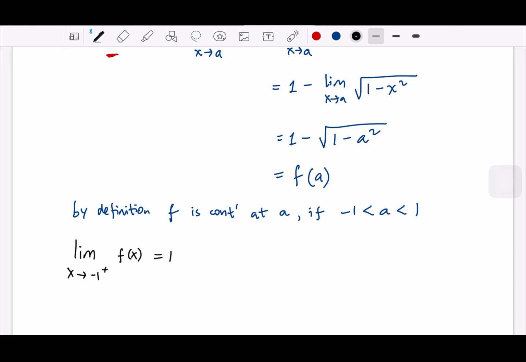This is equal to 1, and this is equal to f(-1). And if you use the positive one from the left, it's equal to f(1).